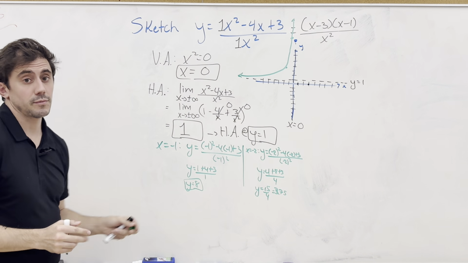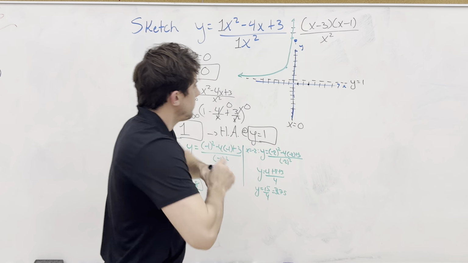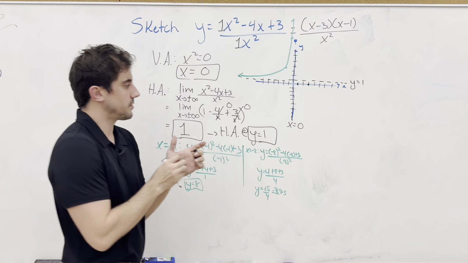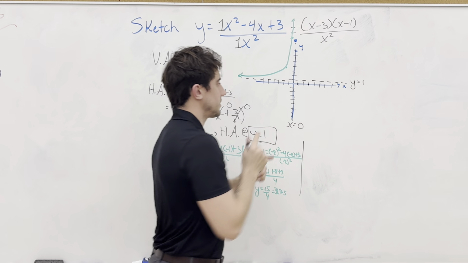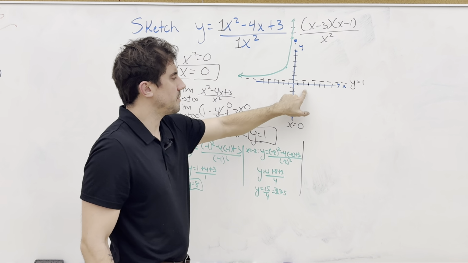The right-hand side is what I really wanted to pay attention to. Now, this right-hand side is going to have some strange behavior. Let's plug in some values. When x is 1, we have an x-intercept. When x is 3, we have an x-intercept, right? Where are we going to be when x is 2?